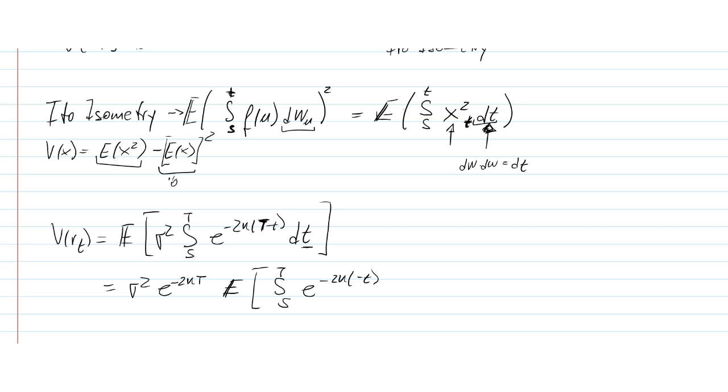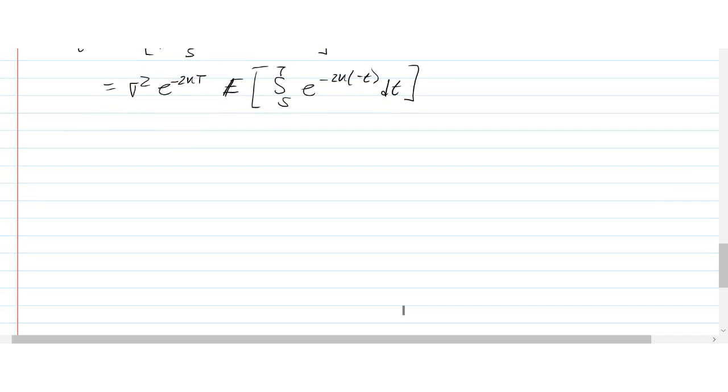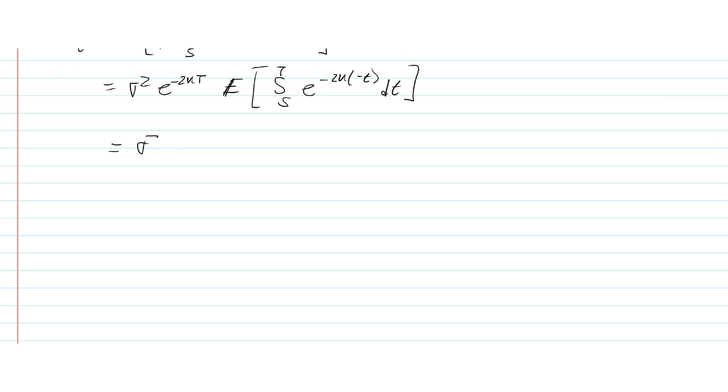Here, if you want, you can change it. This will then simply be solving a regular integral. So you'll have sigma squared, this goes out, e to kt.